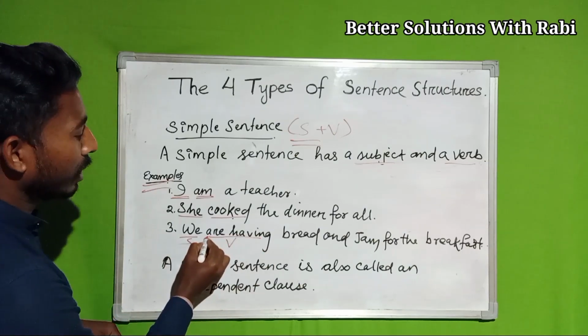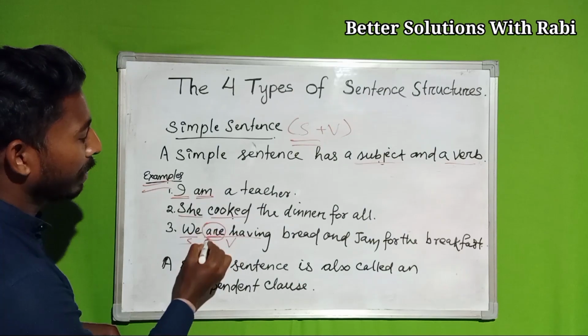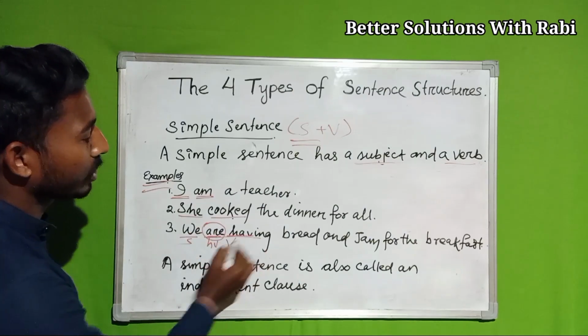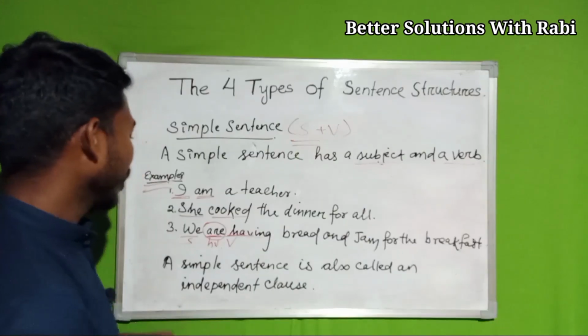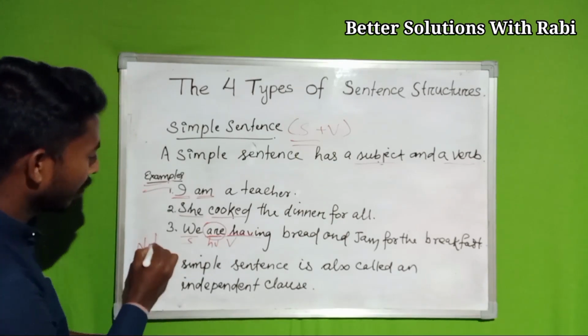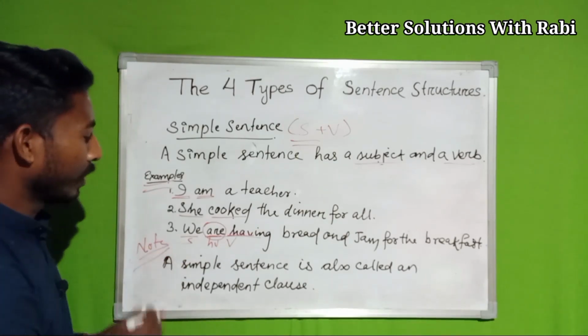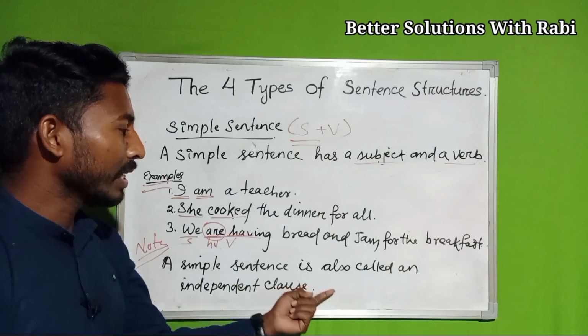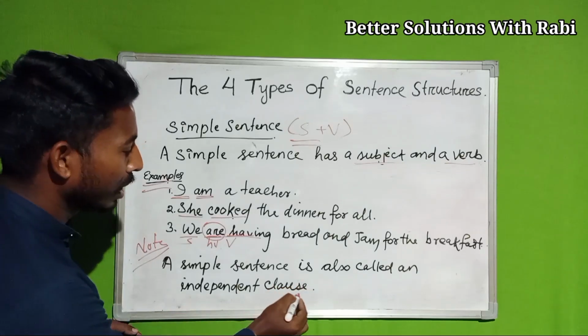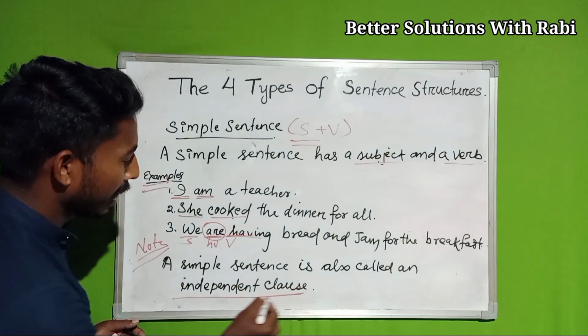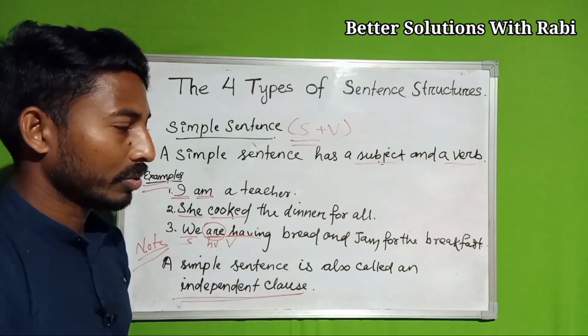Remember, are is the helping verb and having is the main verb. Note one thing here: a simple sentence is also called an independent clause.